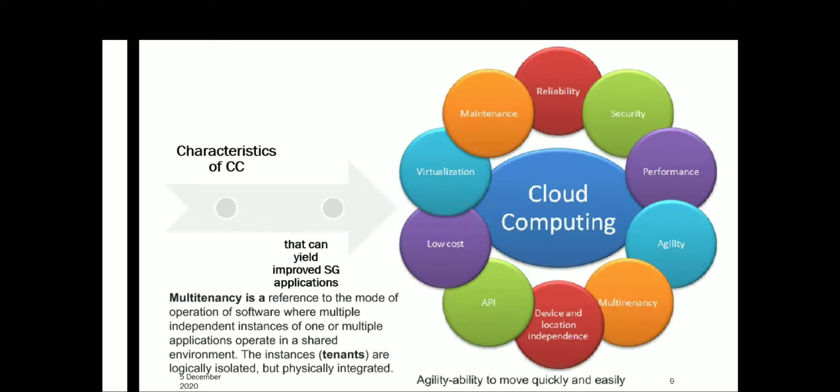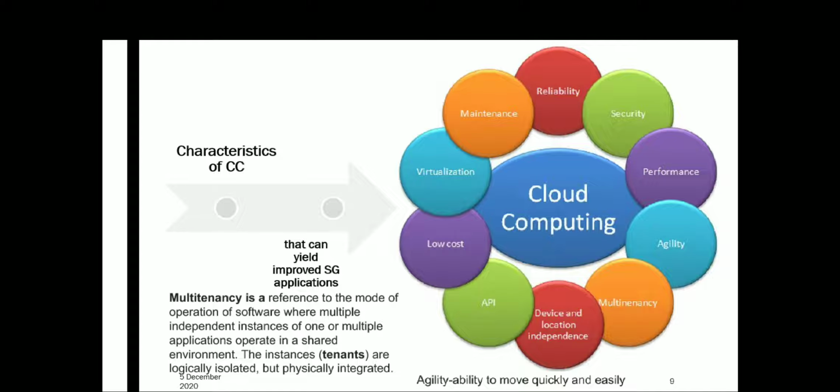So you can see the characteristics of cloud computing. Various characteristics such as reliability, security, performance, agility, multi-tenancy, device and location independence, API, low cost, virtualization. Each and every one we will discuss.